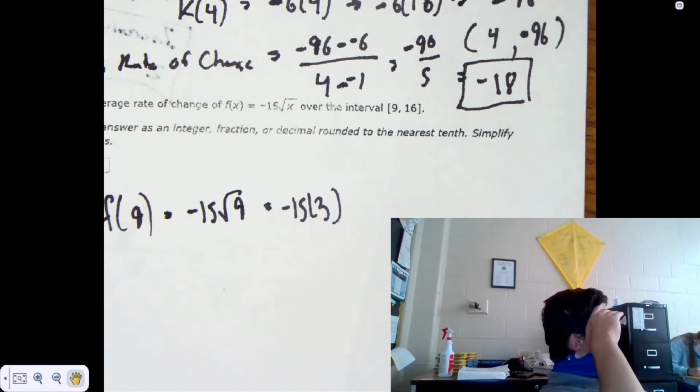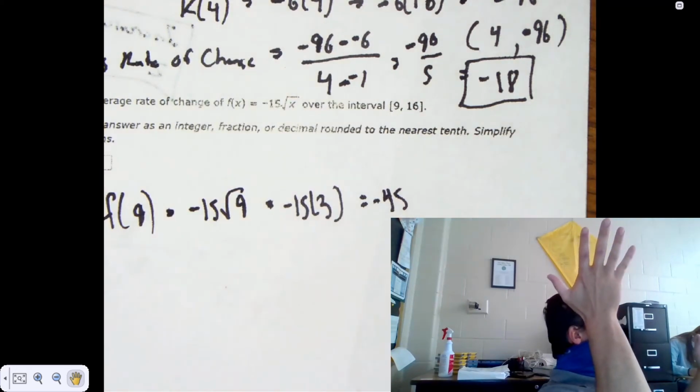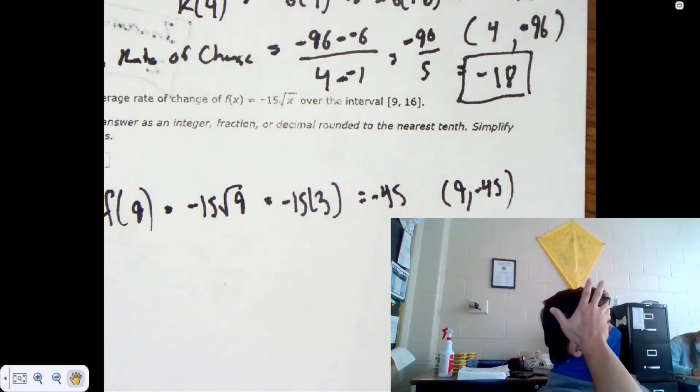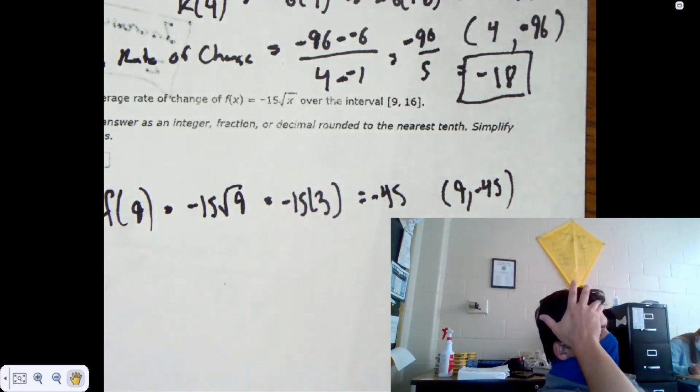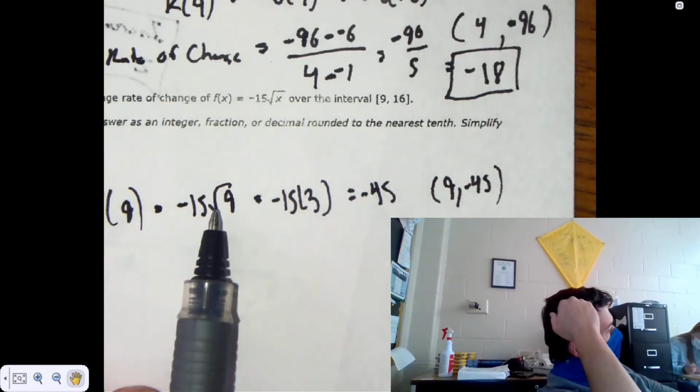What's a -15 times a 3? -45. All right. What's our ordered pair we just created? Why are you multiplying it? Because what's understood?